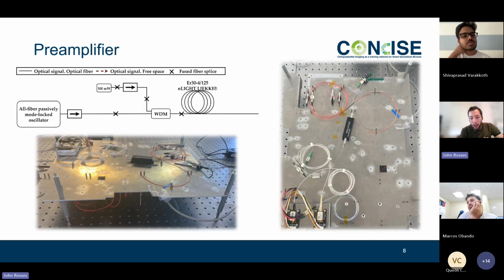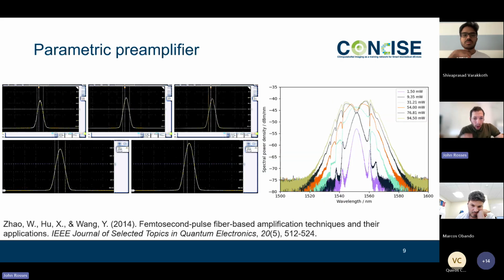And how is this achieved? Well, using a fiber with a normal dispersion. In this case, this commercial fiber that you can see in the slide, the ER30-4/125 from Liekki, is perfect for this use. So here we have our spectrum at different power when we increase the current to the pump diodes.